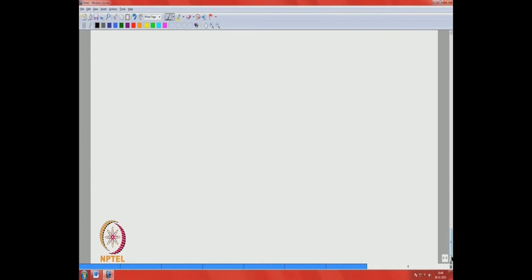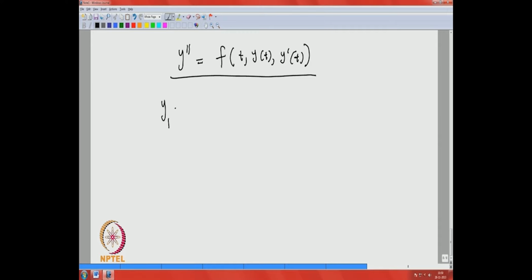So, if you have a second order equation, in a slightly simpler form, let me write here y of t and y prime of t. Let me convert this differential equation into a system of differential equations, which is generally possible.